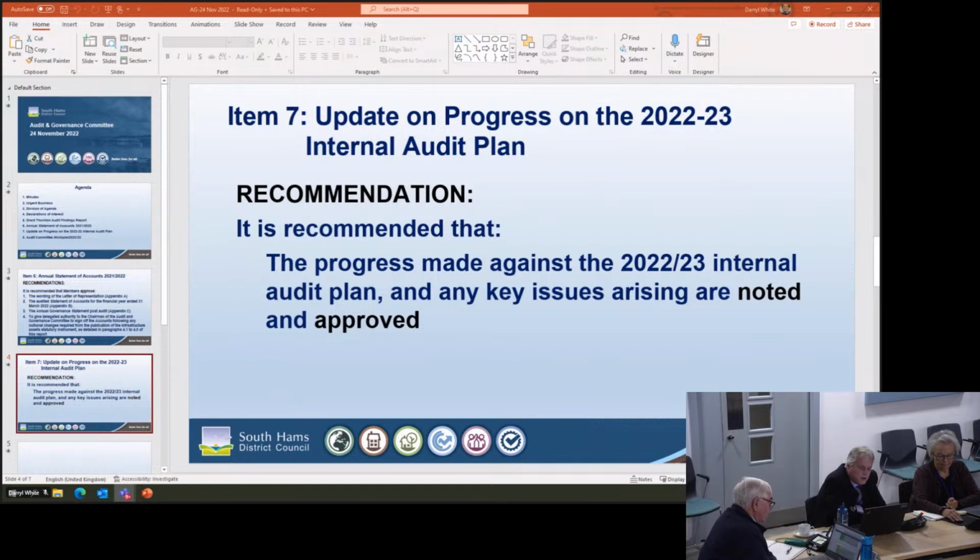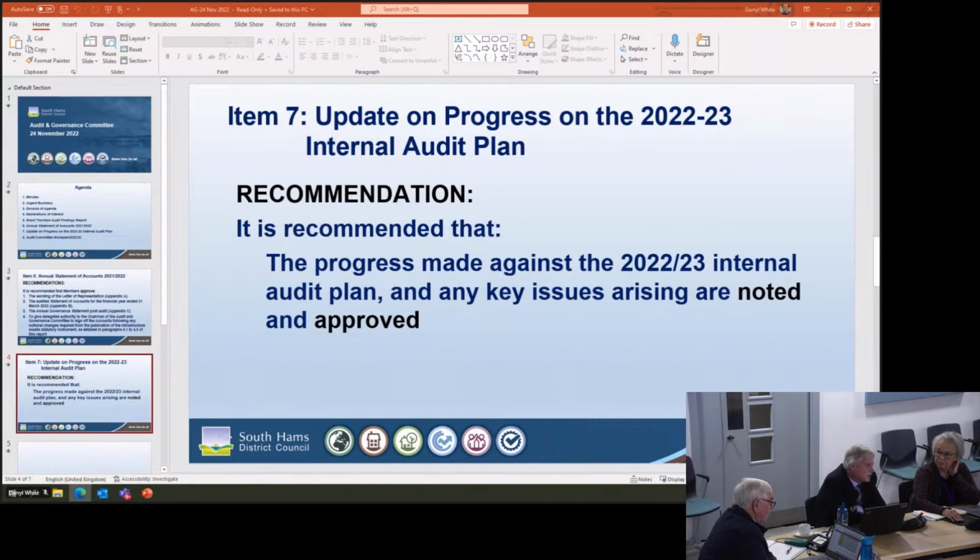And then I've previously mentioned the proposal to undertake a review of single person discounts within the district. We've now asked Devon County Council Procurement to procure an agency to do that work. I think the contract is to cover a year with an option to extend.